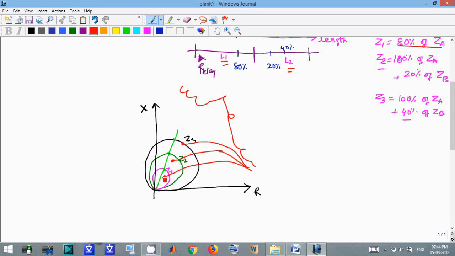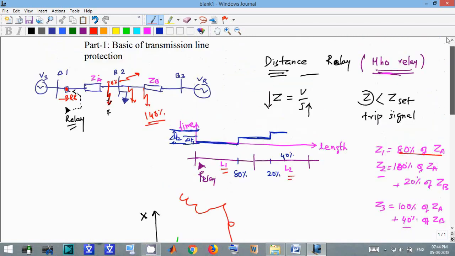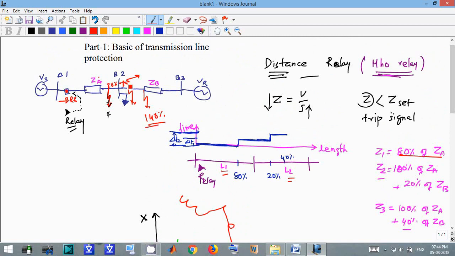So this is instantaneous protection. This is a protection with some time delay. This will also have some time delay, and zone 3 protection is actually called backup protection. It means there is also a relay installed on the next line.